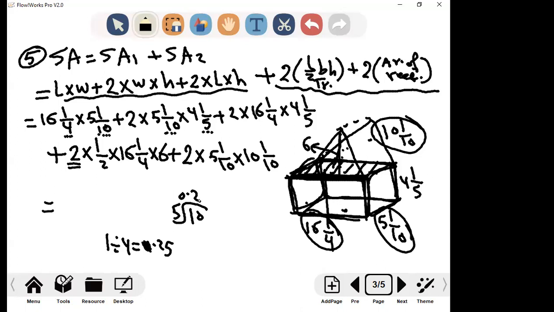So let's multiply this number: 16.25 multiply 5.2, right? Plus 2 multiply 5.1 multiply 4.2, right?